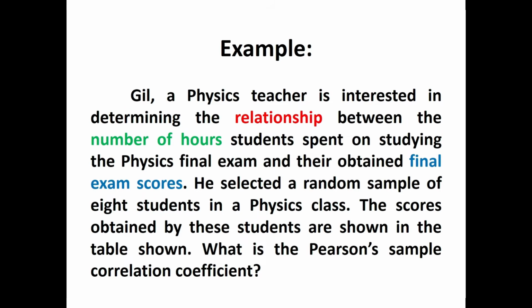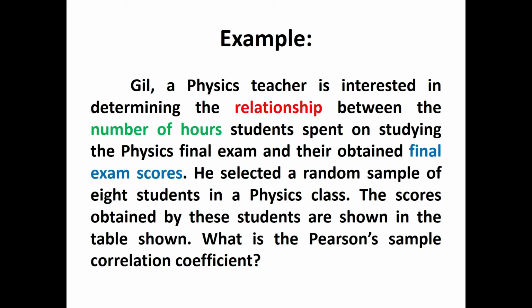So for example, Hill, a physics teacher, is interested in determining the relationship between the number of hours students spent on studying for the physics final exam and their obtained final exam scores. Remember, there is a relationship between the number of hours and the final exam scores.